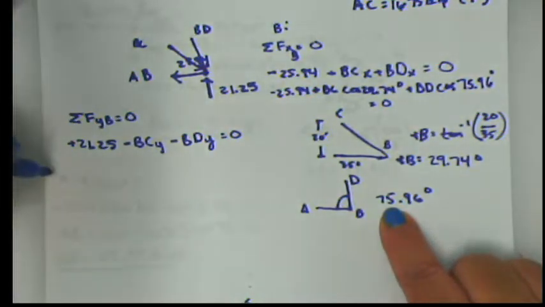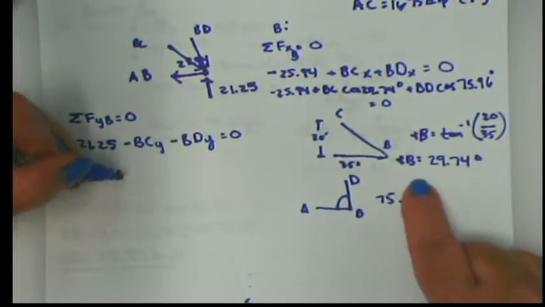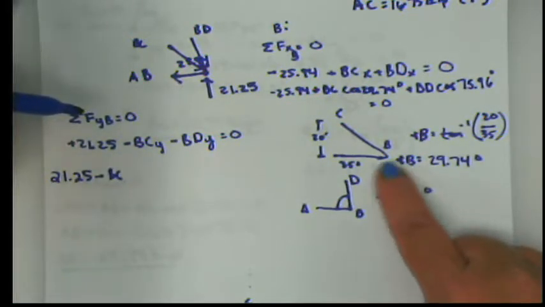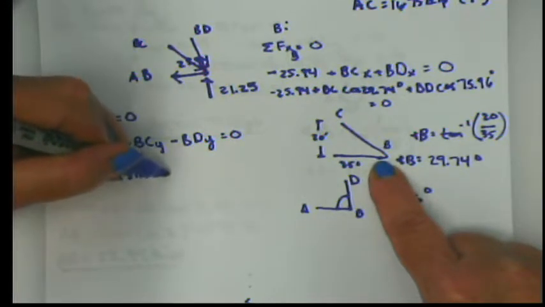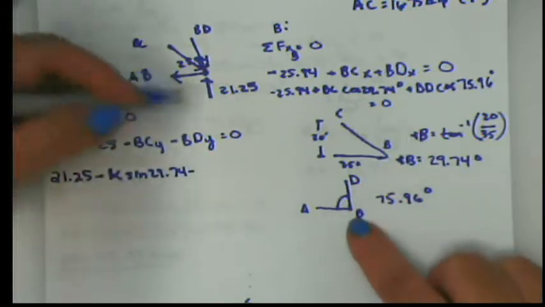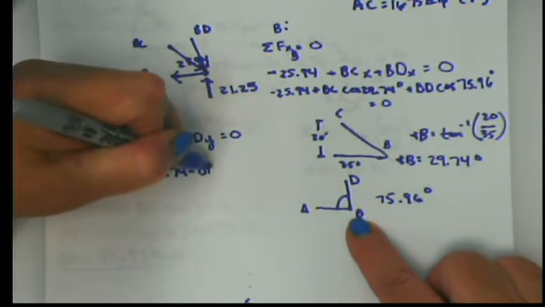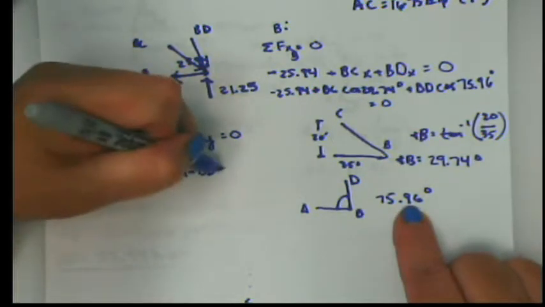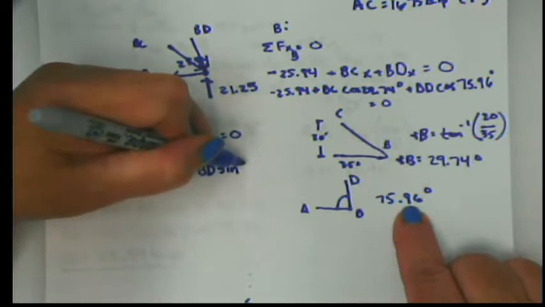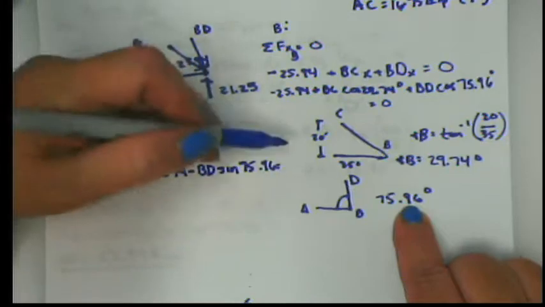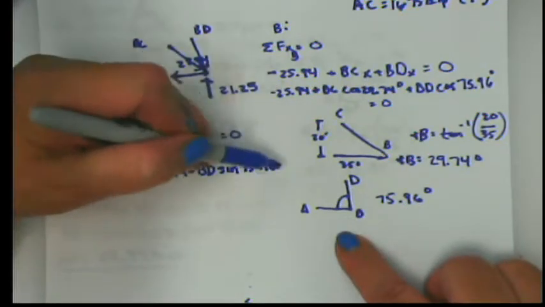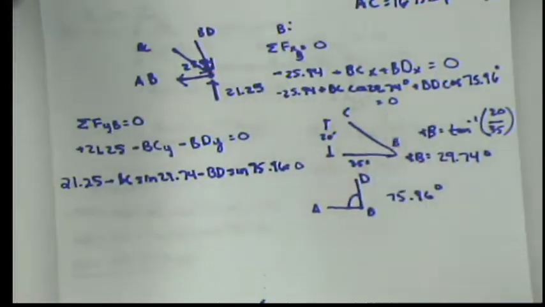And over here, BC in the y direction is going to be the sine of that angle. And BD in the y direction is BD times the sine of this angle. And that equals 0, which I forgot. I put that right there.